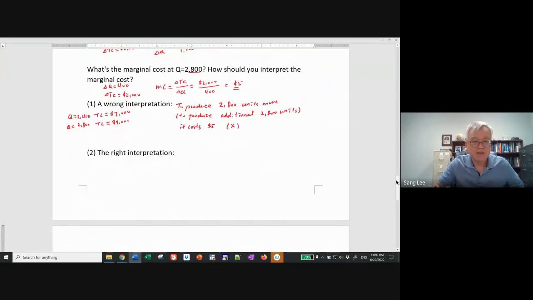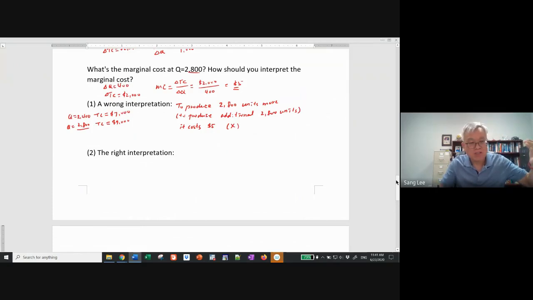Now look here. We already know the marginal cost when you produce 2,800 units is $5. So what does this mean? The right way to interpret the marginal cost is this. When you produce 2,800 units, what was the previous output level? That was 2,400. So you increased your level of output by 400, right?